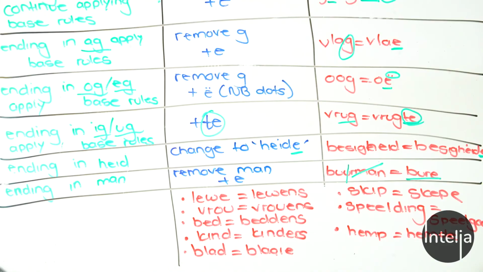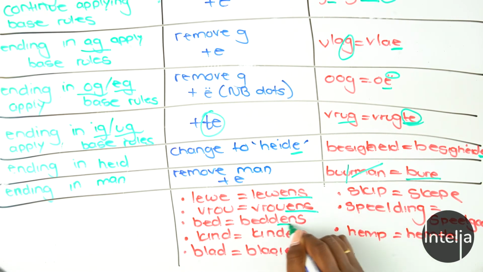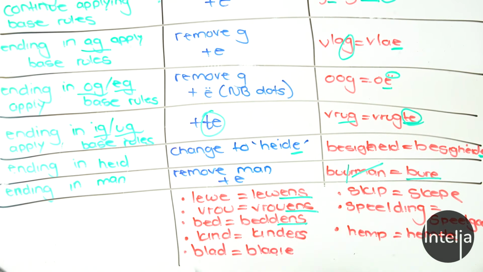Now let's go to our words that are exceptions. These are words, unfortunately, that you're going to have to cram yourself. These are words that have no rules, but they still get changed into plurals. For example, lewe becomes lewens. There's no reason. We can't say if a word ends with W, then you add E, because as far as we know, if a word ends with W, there is no rule.